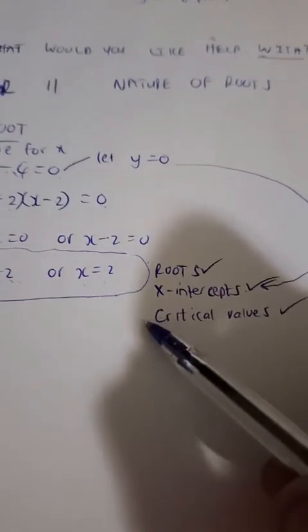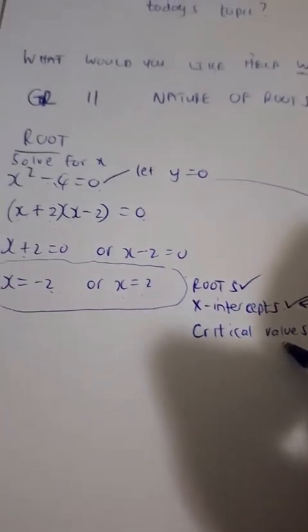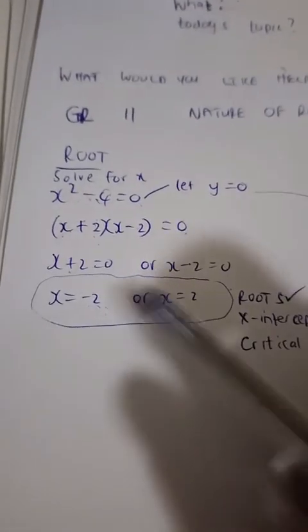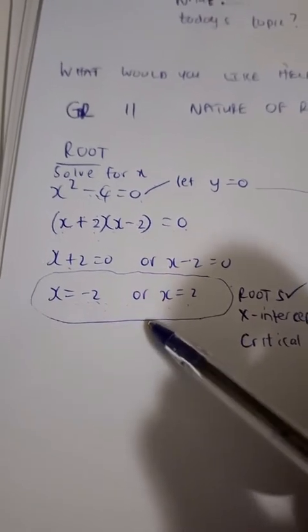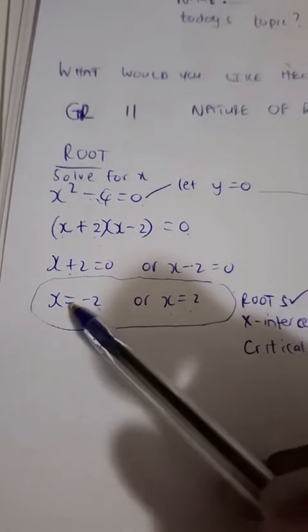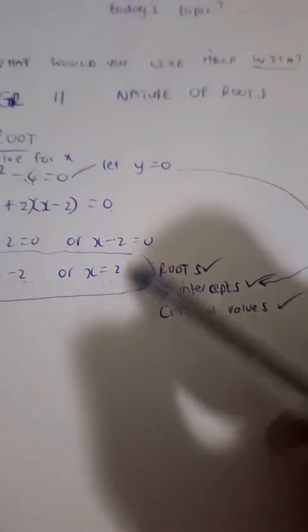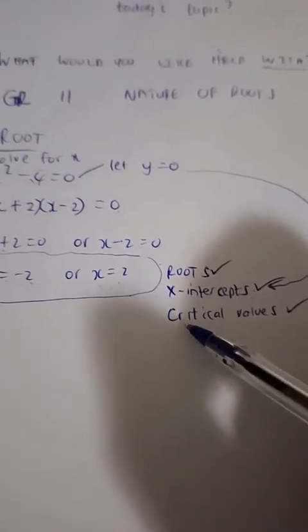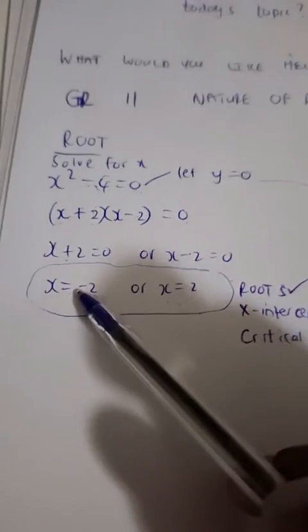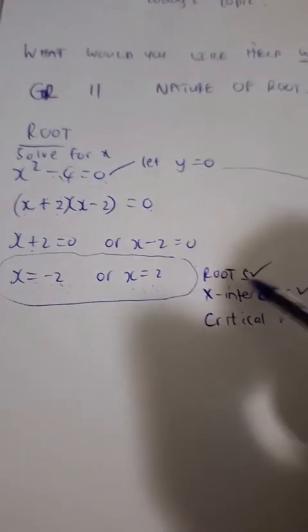These are also called critical values, because when you are solving inequalities, you usually find what we refer to as critical values. So these three things, roots, x-intercepts, critical values, are different ways to refer to these things under various topics.